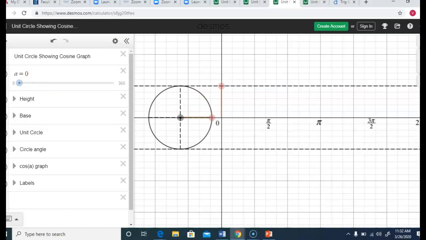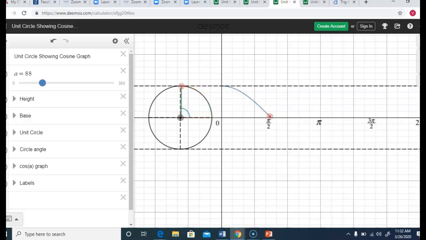Okay, here I've jumped back to Desmos to do a demonstration for cosine. So if we're talking about moving around this unit circle, you can see as we move around the unit circle, this time for cosine, we're going to be plotting the x-coordinate of each of our terminal points around the unit circle, because cosine is the x-coordinate of each of those terminal points. You can see as we start plotting here, we're actually starting from 1 when we do the plotting.